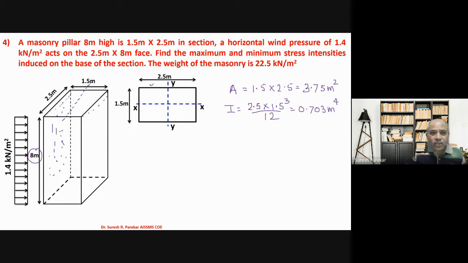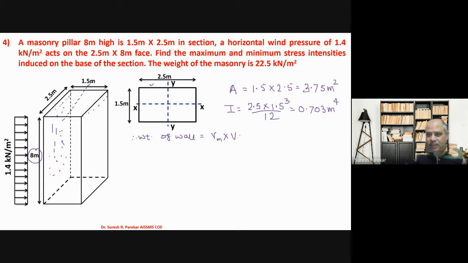Then we will find total weight of machinery wall, that will give us the value of P. The weight of wall will be equal to intensity of machinery into volume.